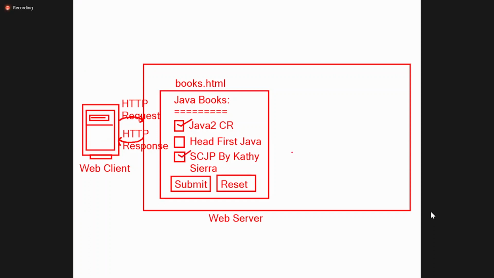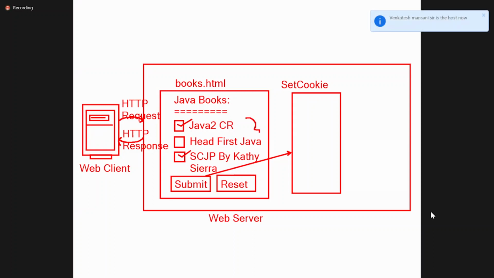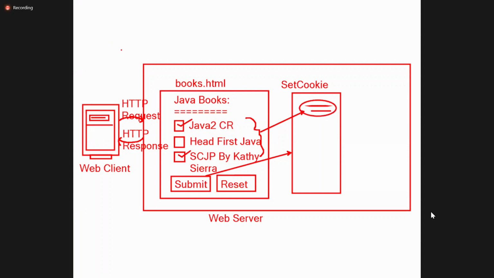When you click on the submit button, one servlet program runs. Suppose this servlet program is SetCookie. Whatever books you selected are received.